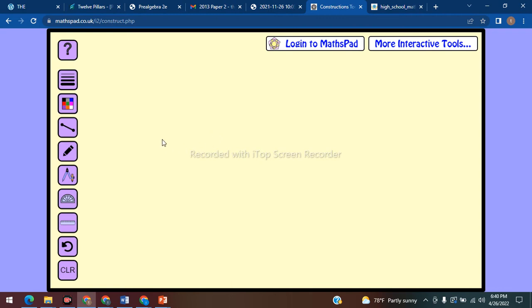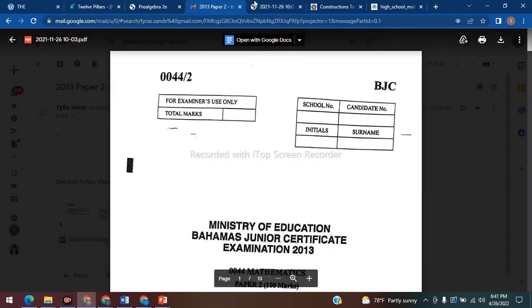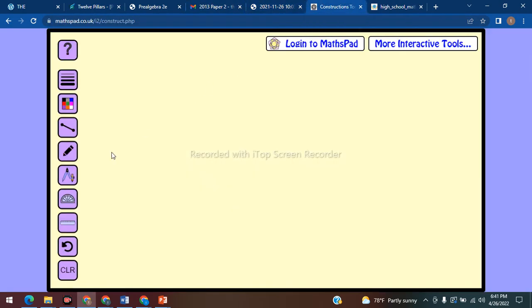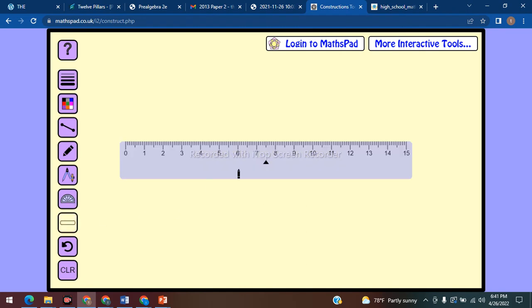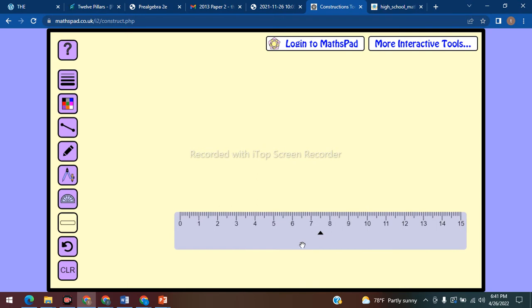Okay, so they told us that the base of our triangle AB is 6 centimeters. So that means we have to ensure that that's the case. So let's pull this down.